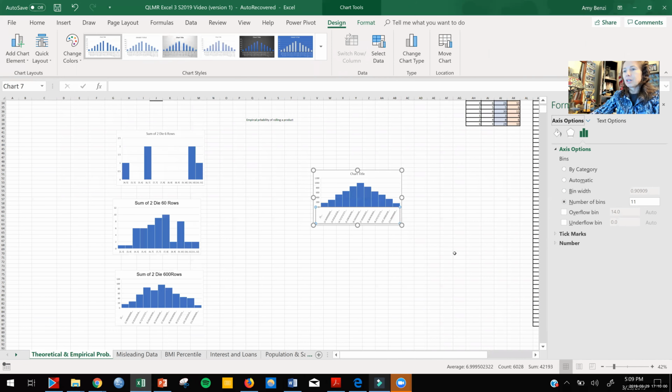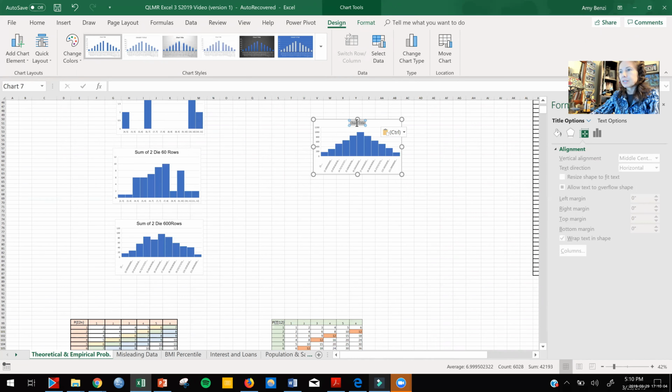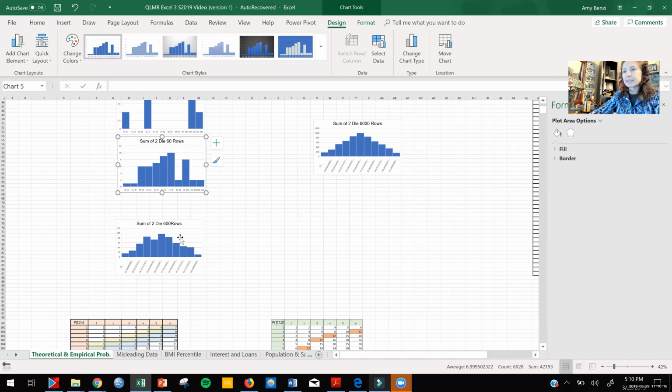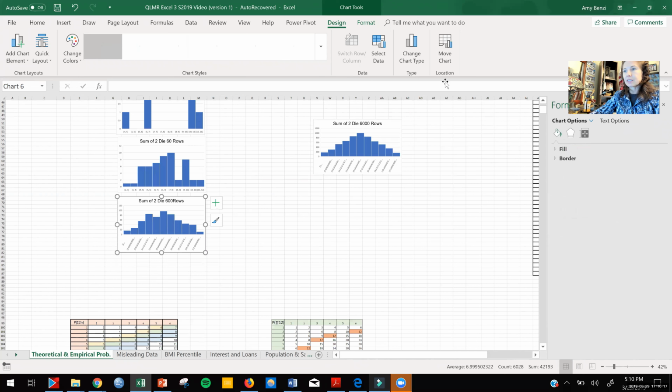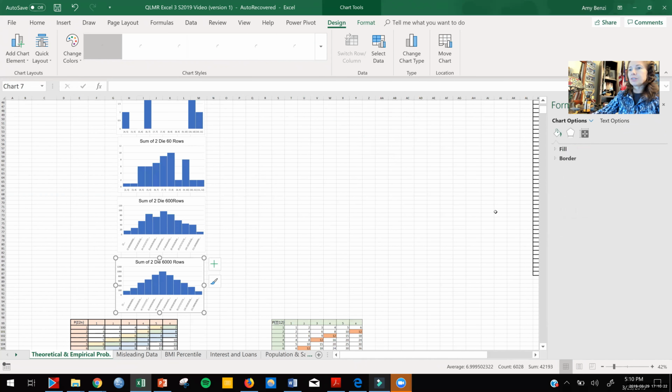Beautiful. All right, now, what do we have here? This is going to be 6,000 rows. All right, so now I have these 4 bins.